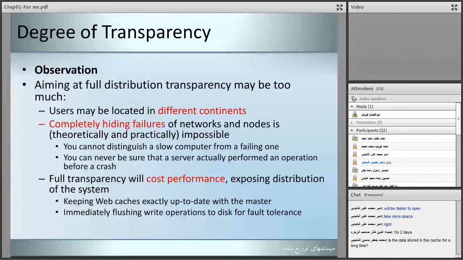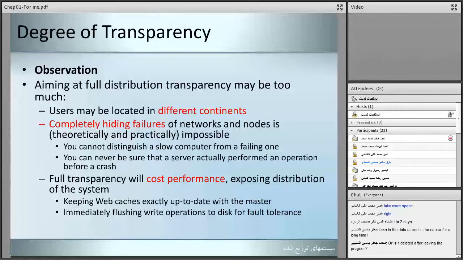It decreases the performance. But if you decide to decrease the degree of transparency, for example updating your cached files every 2 days, then the performance is better because there is no need to update your cached file immediately, every second.